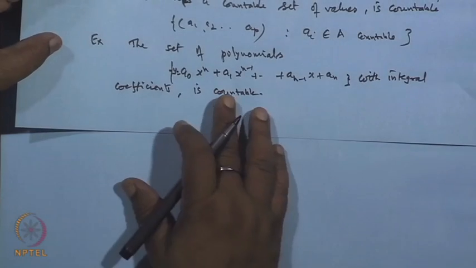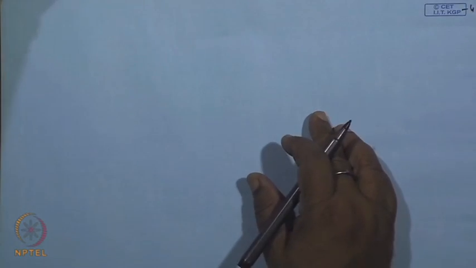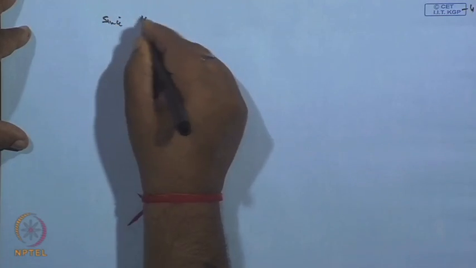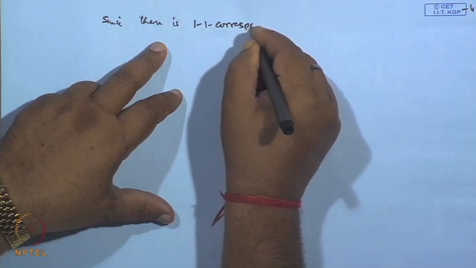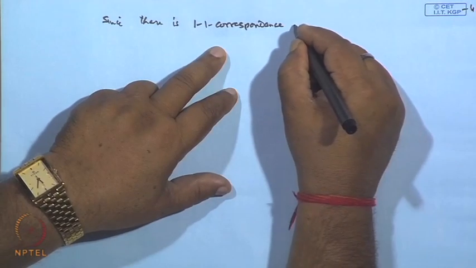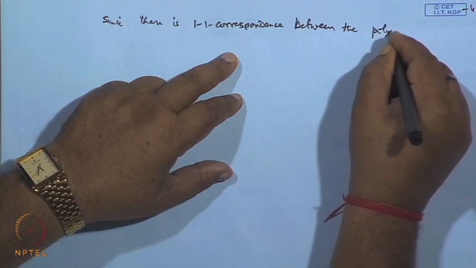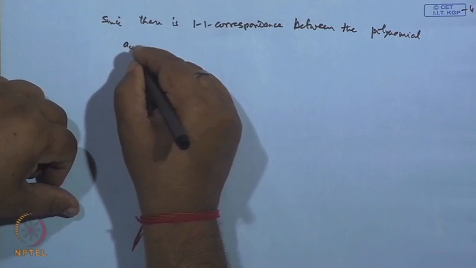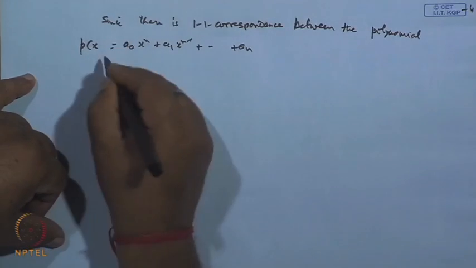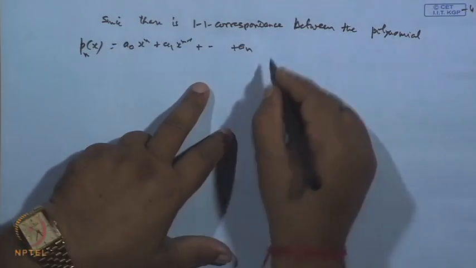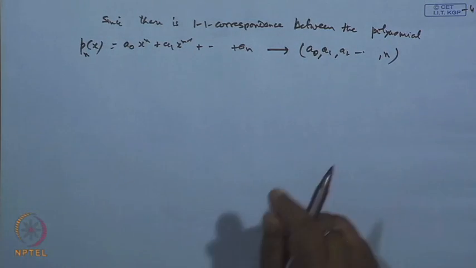Now, you see there is a one-to-one correspondence between the set of polynomials and this set of p-tuples, since there is a one-to-one correspondence between the polynomial a0 x to the power n plus a1 x to the power n minus 1 plus ... plus an, let us call it p(x), of degree n, and the (n plus 1)-tuples (a0, a1, a2, ..., an).